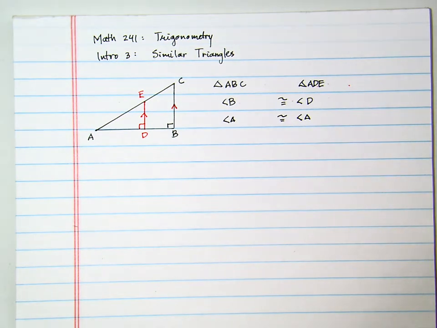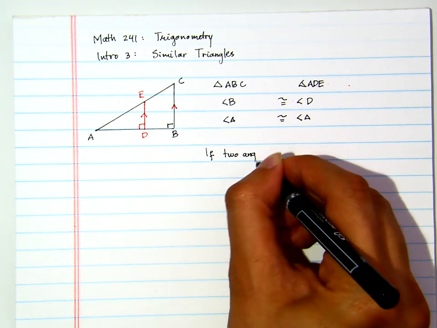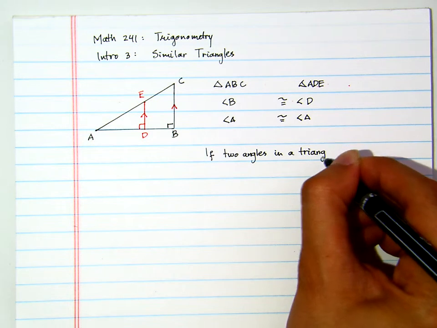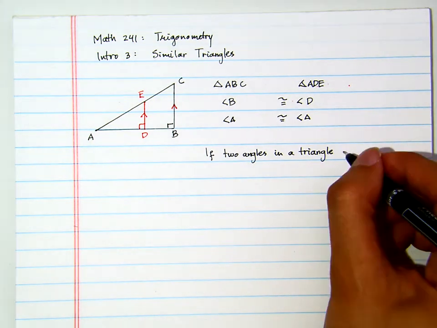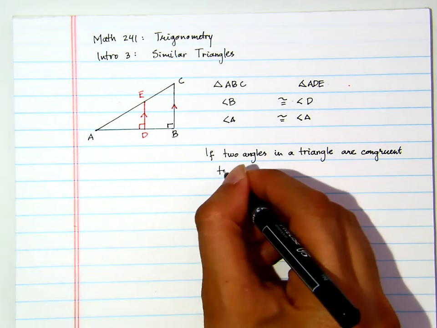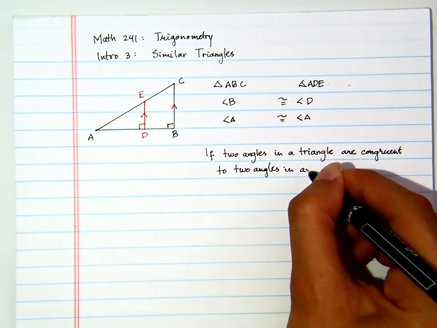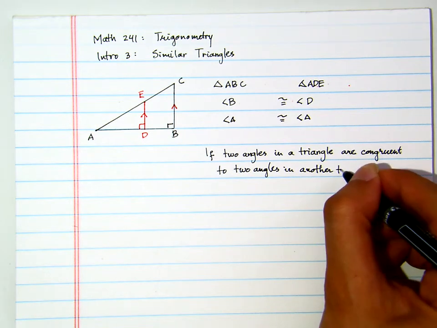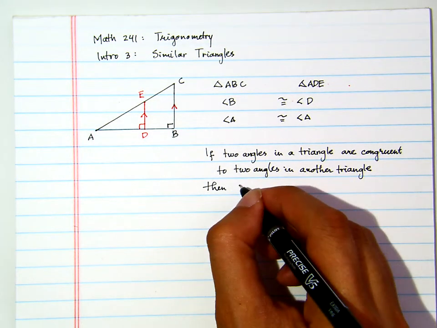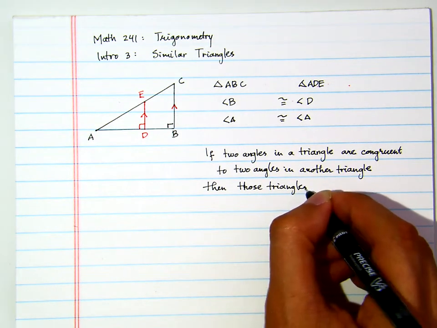But notice that if two angles in a triangle are congruent to two angles in another triangle, then those triangles are similar.